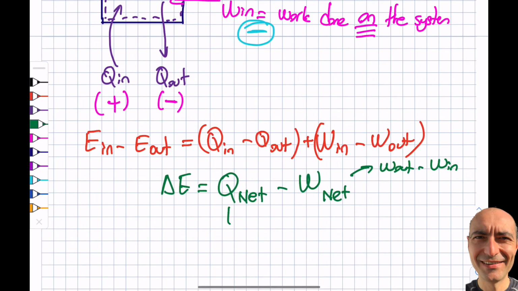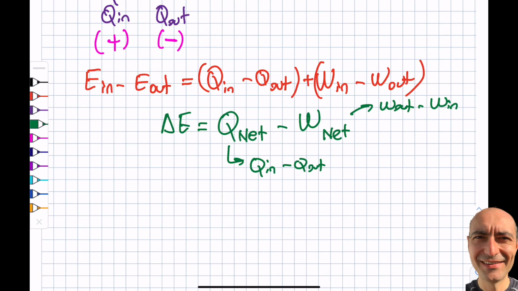On the other hand, Q net is defined as Q in minus Q out. You may not like it, you might not have to use it. As long as you know what you're doing, I'm okay with that. Some resources and professors call it a plus sign over here, and they just define this as this, which is fine. There's nothing wrong with that. The only problem with that approach is the FE exam follows this format.